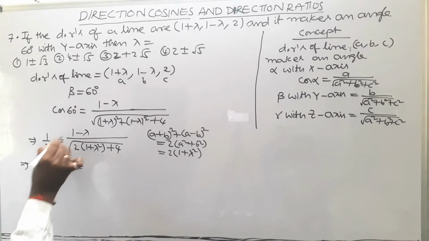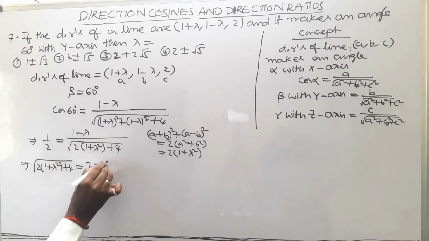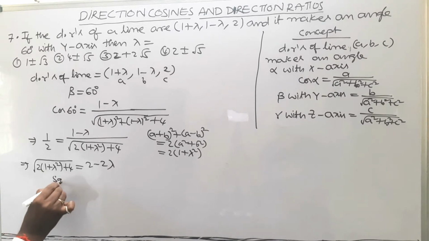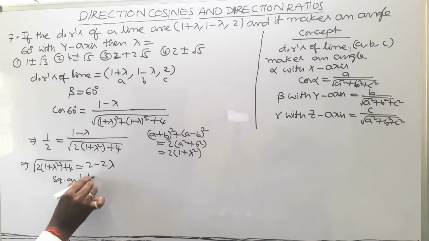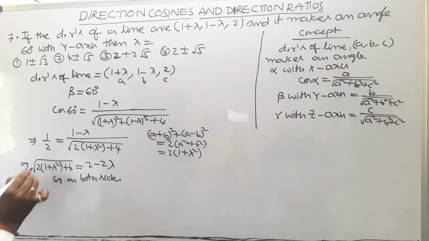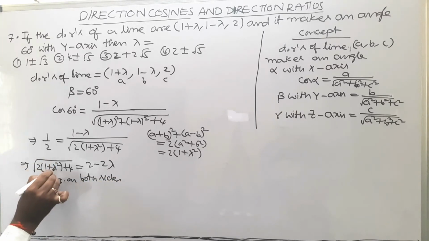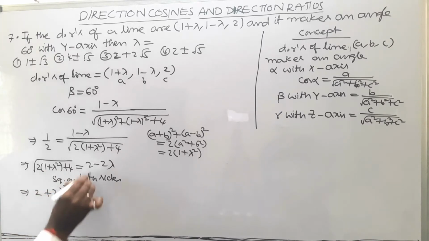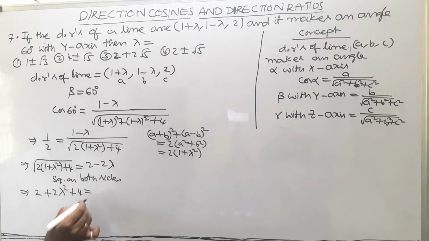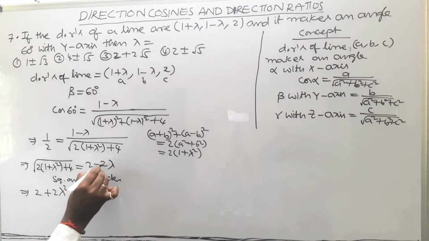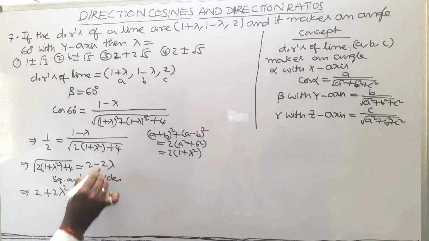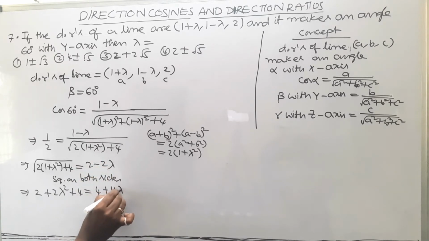2 into (1 minus lambda) equals root of 2 into (1 plus lambda square) plus 4. Squaring on both sides, the root is cancelled: 2 into 1, 2 into lambda square, 2 lambda square plus 4. Here the expansion of (a minus b) whole square gives 4 minus 4 lambda plus lambda square... 4 minus 8 lambda plus 4 lambda square.